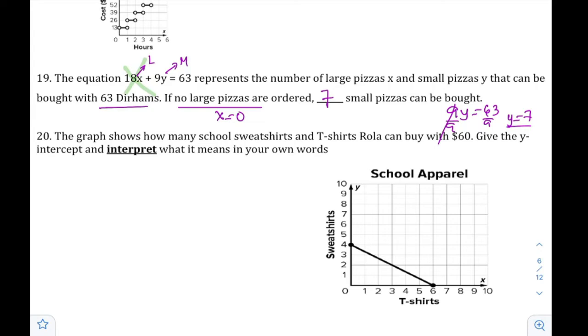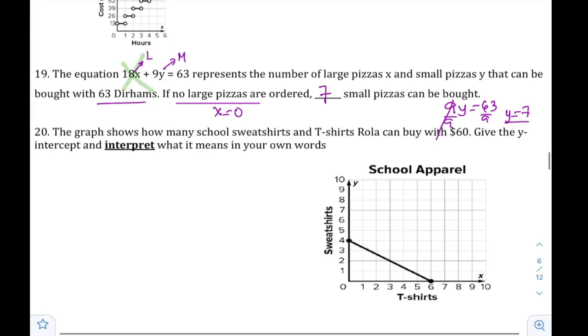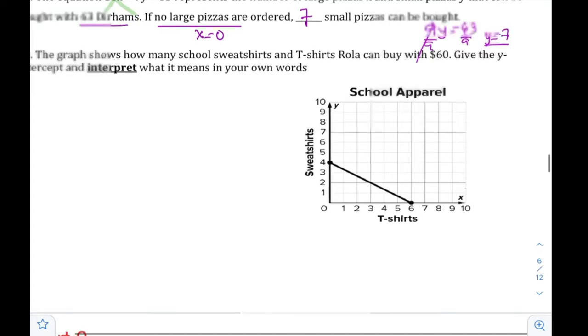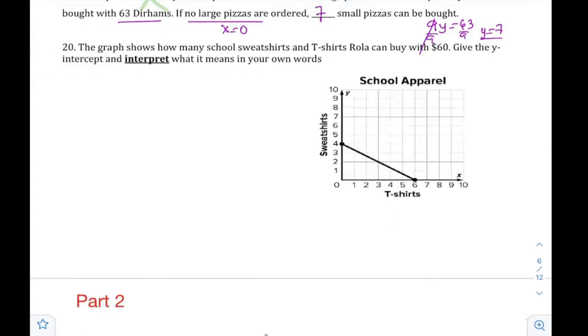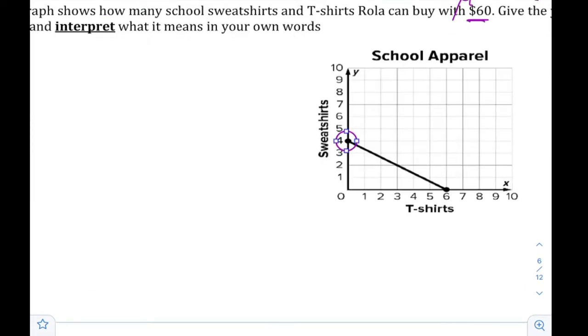Okay, here the graph shows how many school sweatshirts and t-shirts Rula can buy with $60. Give the y-intercept and interpret what it means in your own words. The y-intercept is the value where the line crosses the y-axis. So our y-intercept is 4.